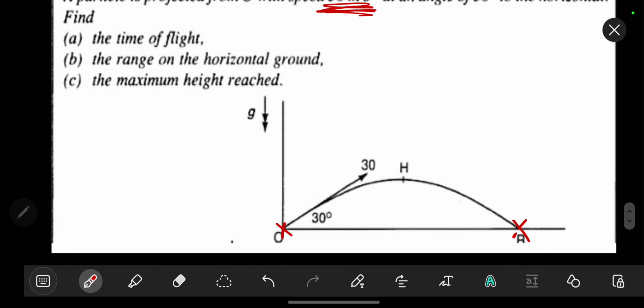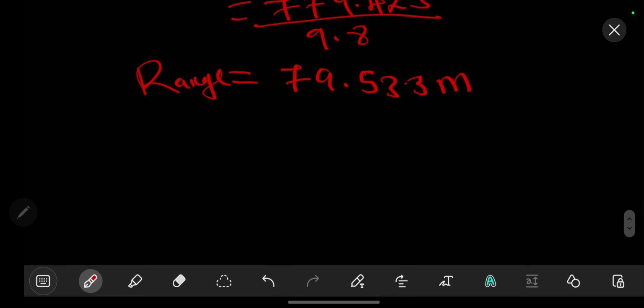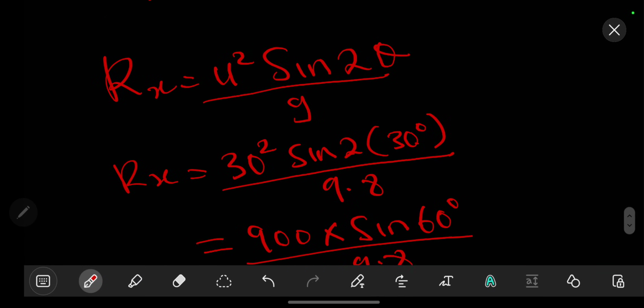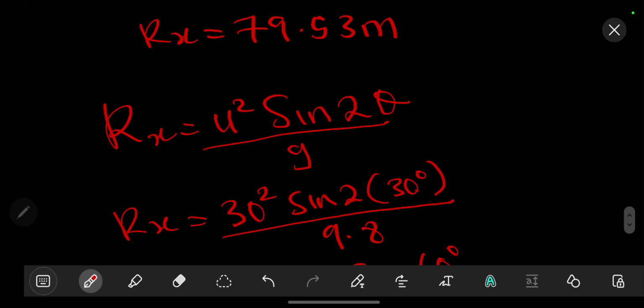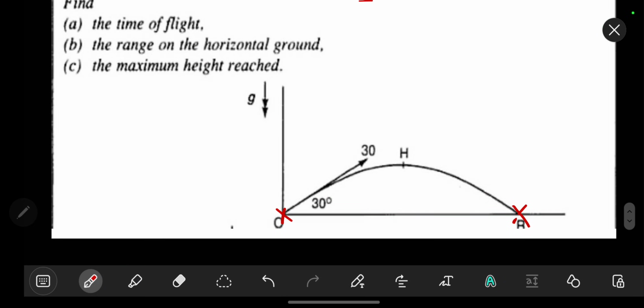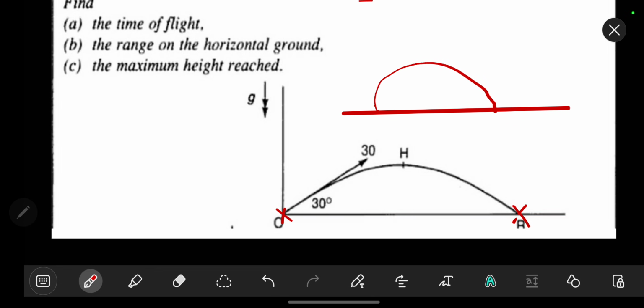Now the catch is that this second formula, the range equal to u squared sine of 2 theta over g, can only be used if you have a projectile that starts at this point and ends at the same point.